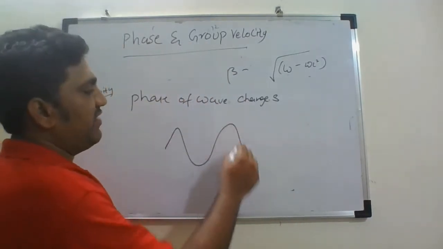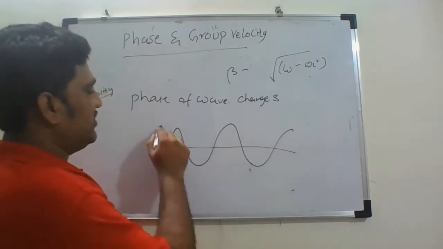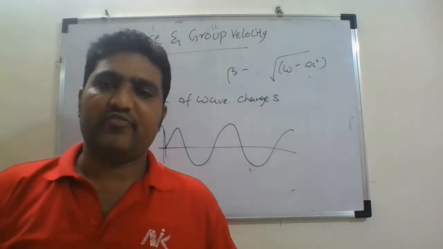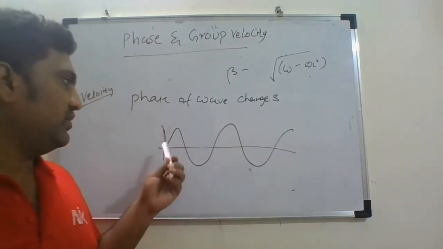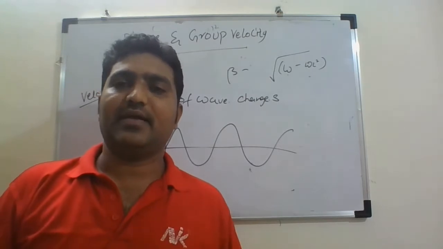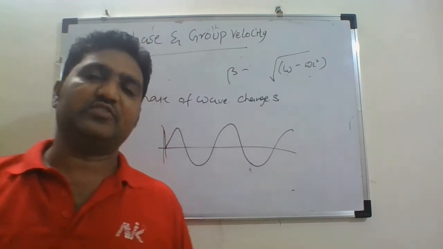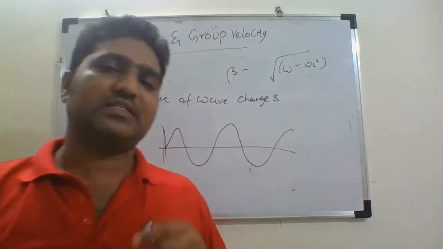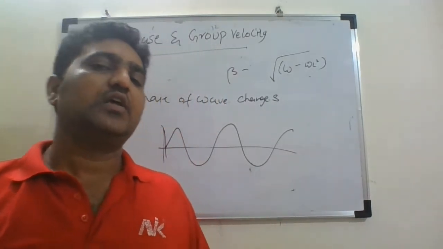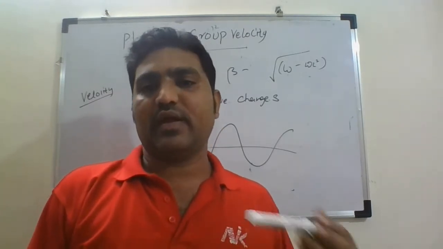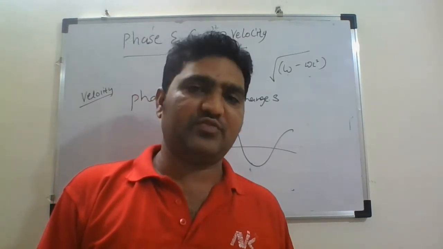For example, if I have a wave like this, this is the phase. Phase is nothing but where the wave starts, or is initiated, with respect to some reference. How does this phase of the wave change, and at what rate? That is given by a velocity called the phase velocity.